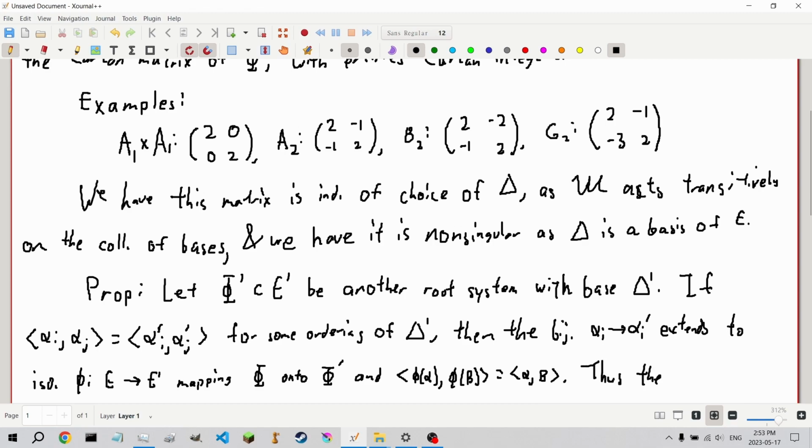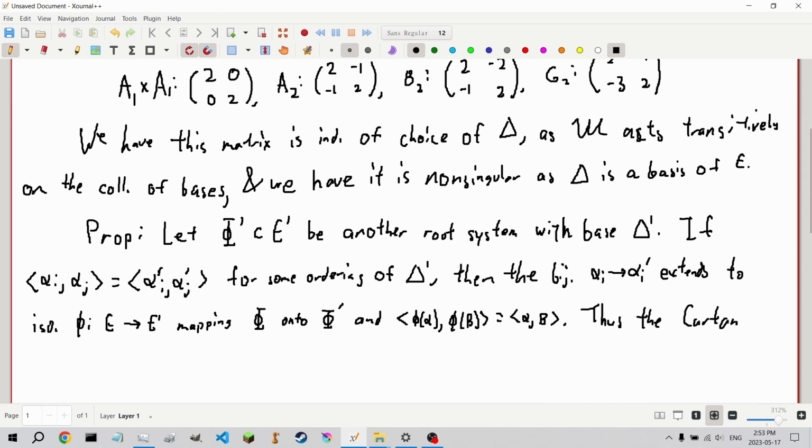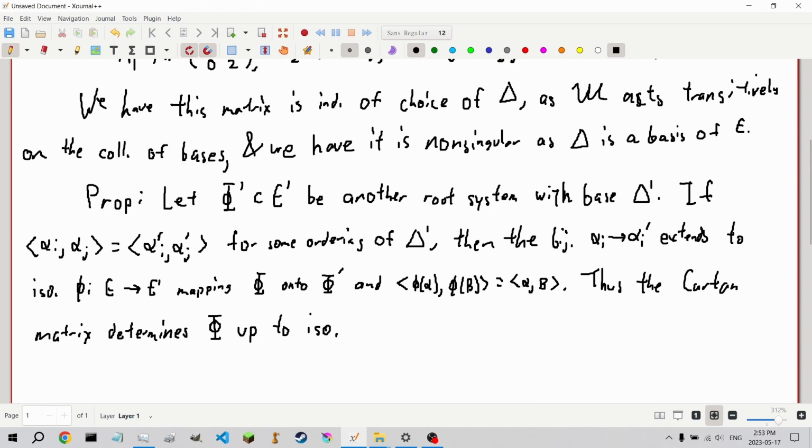Thus, the Cartan matrix determines the root system up to isomorphism, of course.